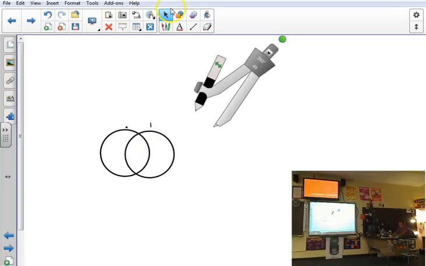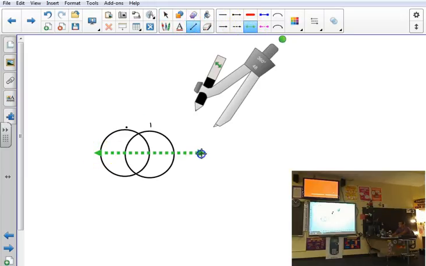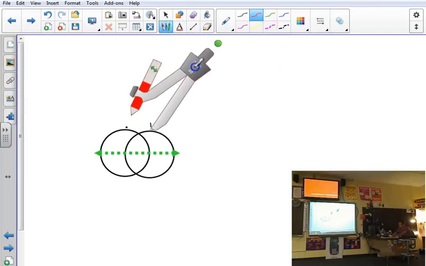Because remember, my hint to get you started on this: if I have a line that goes through these, it's straight through 3 points, it's a straight line, right? If you have 3 points on a line, it's a straight line. So to create a parallel line to it, let's go to red.